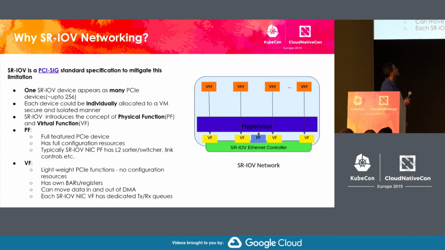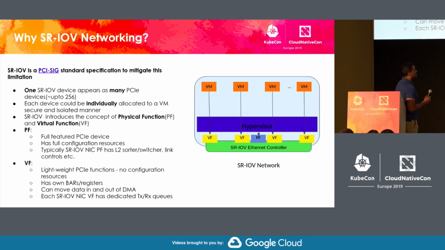In SR-IOV, we have a way for one device to appear as multiple PCIe devices. Each of these devices can be discovered and configured independently. So each VM now can get a VF directly. SR-IOV introduced this concept of physical function and virtual function.